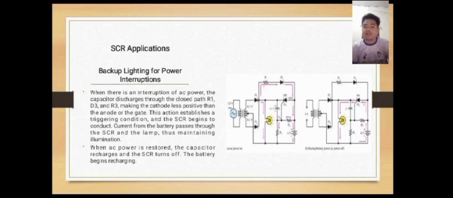The SCR will turn on only if there is a power interruption or power failure. The battery will automatically release some power through the capacitor and send it to the SCR and to the lamp in order for the lamp to remain turned on.